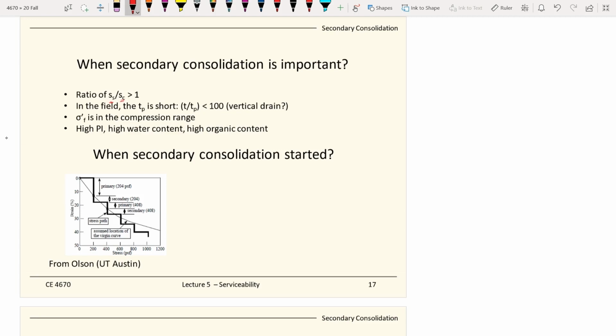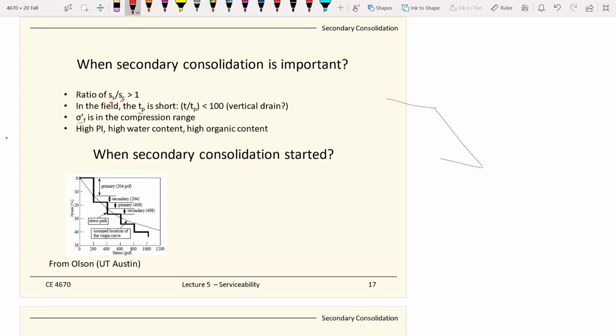And for the field, if the end of primary consolidation is relatively short for the soil, then you also need to seriously investigate the secondary consolidation settlement. Also, if the final stress is in the compression range. Remember, we talked about this in 366.